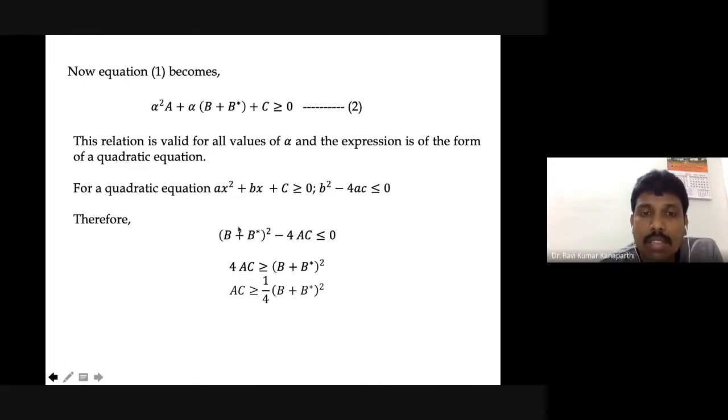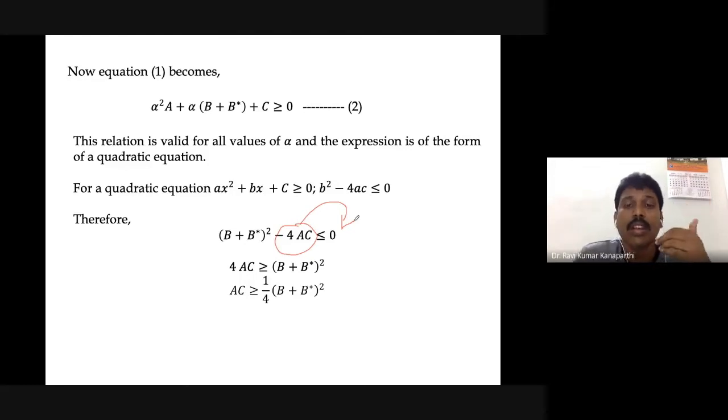Now you can rearrange this slightly differently. Move 4AC to the other side: B plus B star whole square is less than or equal to 4AC. That means 4AC is greater than or equal to B plus B star whole square.